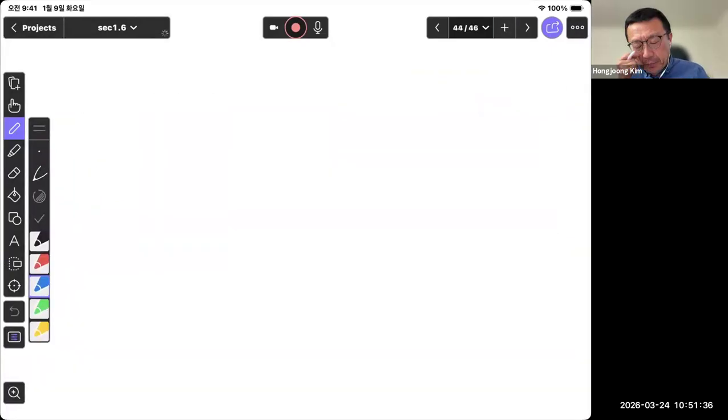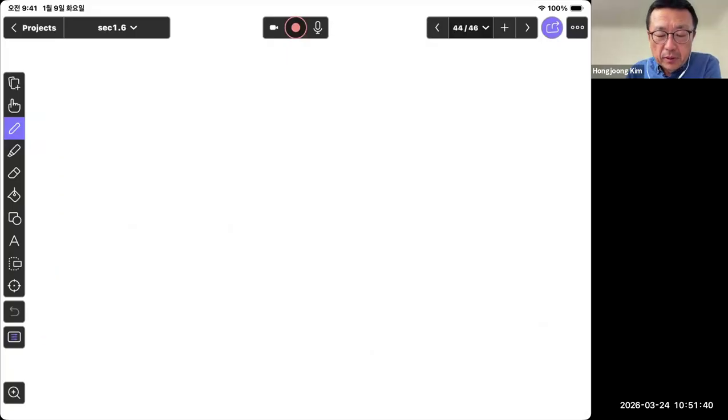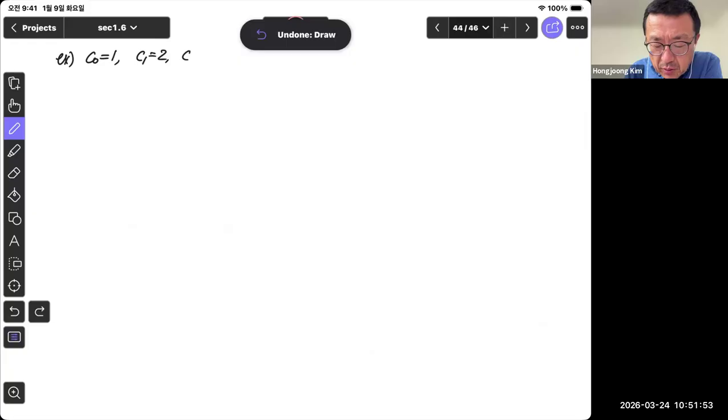So let me give some example, that might be easier. For example, let me consider three numbers. C naught is 1, C1 is 2, and C2 is, say, 4.